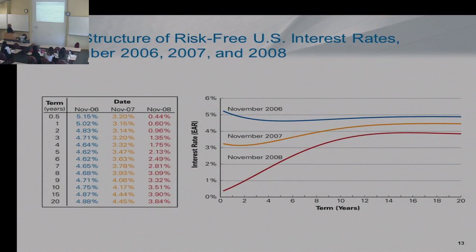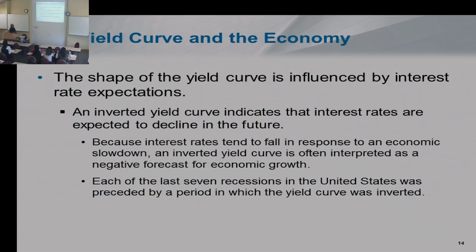So in November 2006, 1 was 5, 10 was 4.75, so there's a difference of about 0.25. But in November 2008, 1 was 0.6, 10 was 3.5, so that's a difference of about 3. And here, the 10-year is greater than the 1, that's 2008.